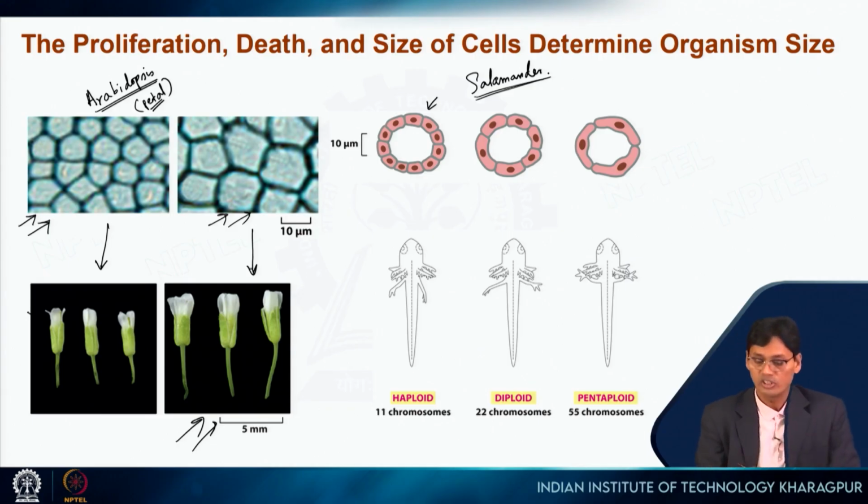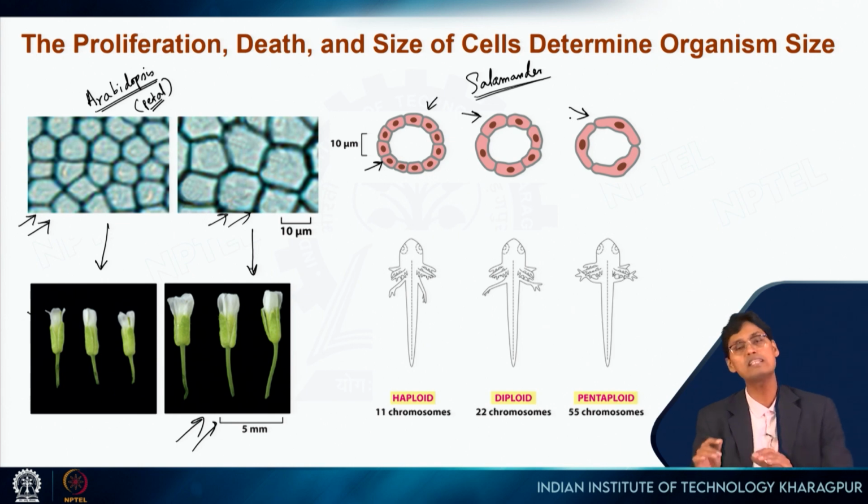In this tubule you will see multiple cells present. And here the cell number is going low, only a few cells are present, but still they are forming the tube. But why is this happening?